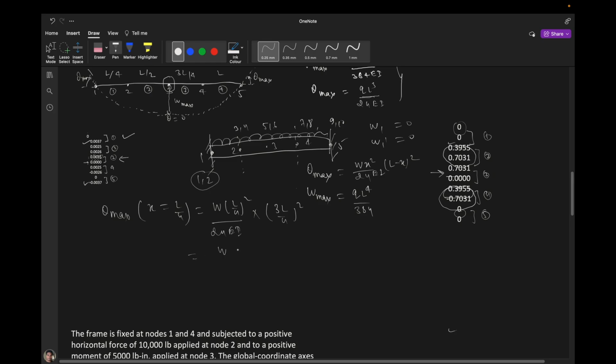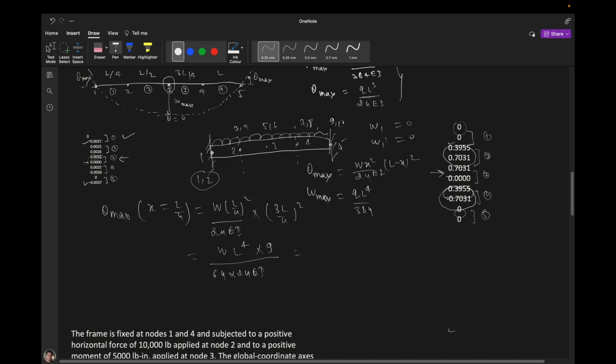So W L raised to the power 4 into 9 divided by 64 into 24 EI. It should be correct.